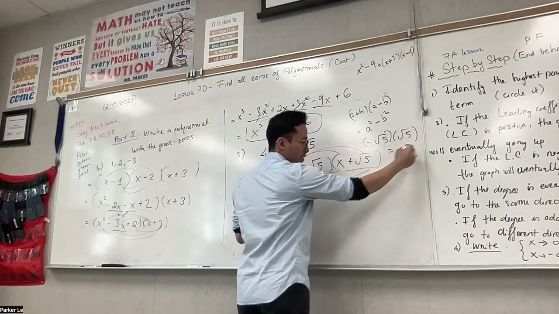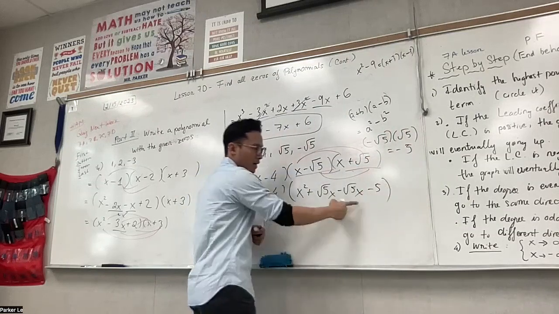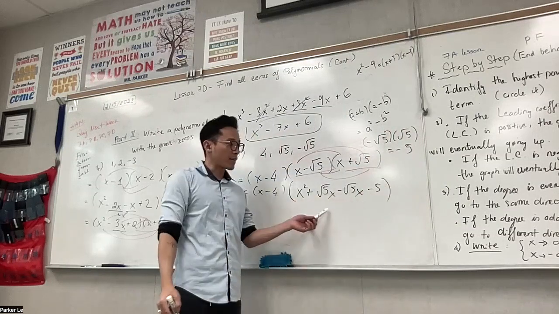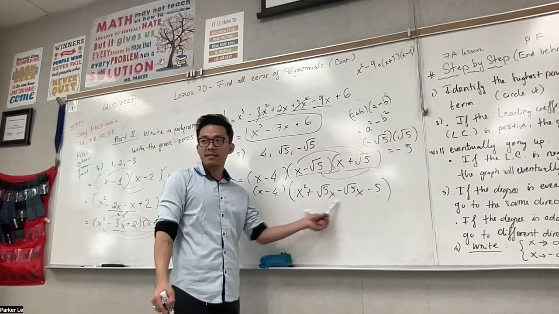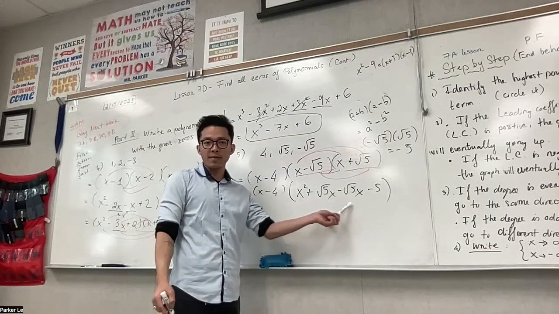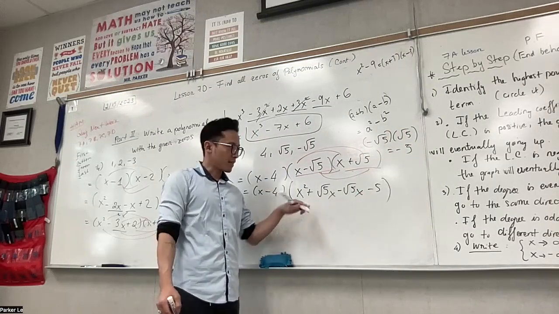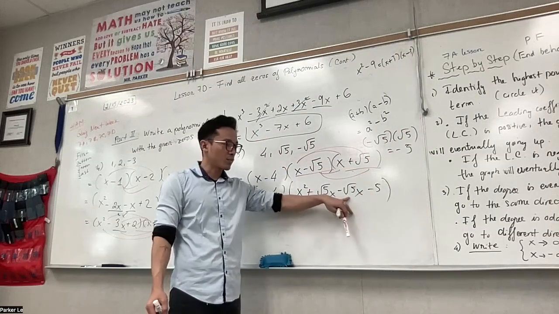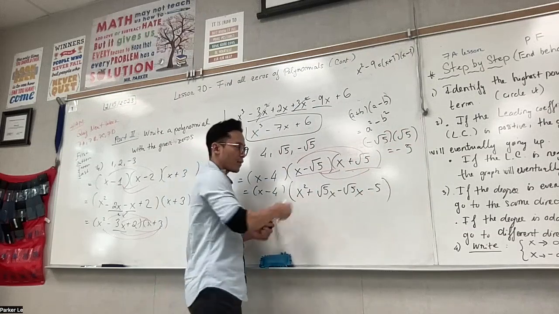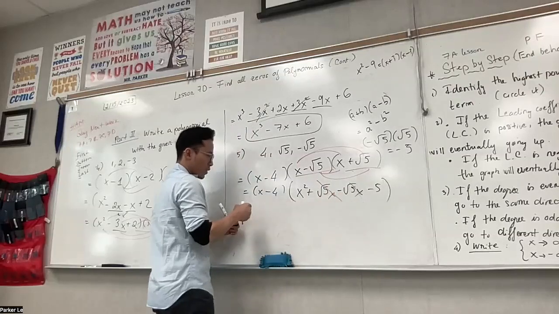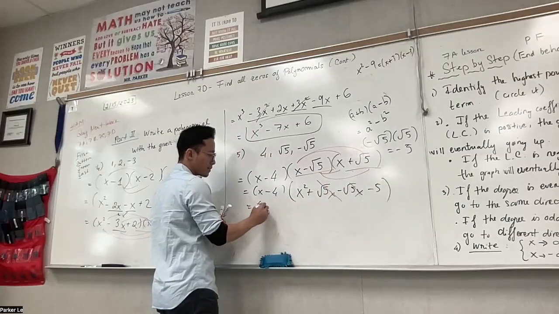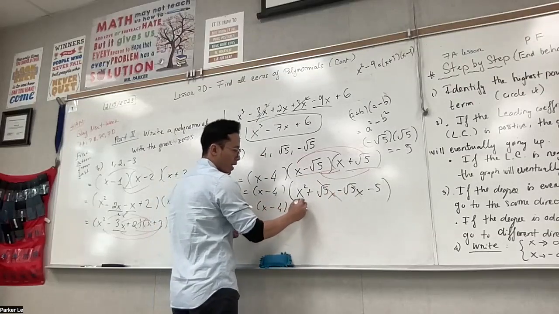Negative 5, yes. So it's minus 5. The middle ones always cancel out. You see that? Square root of 5x minus square root of 5x, they will always cancel out. So you only have left x squared minus 5.